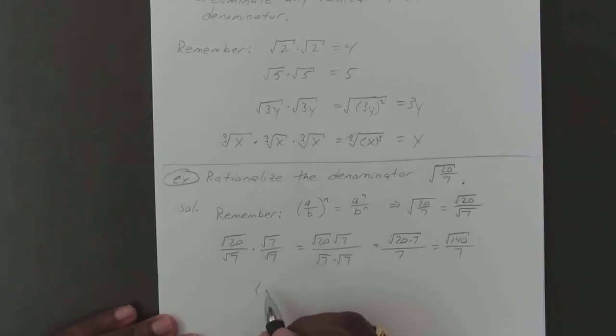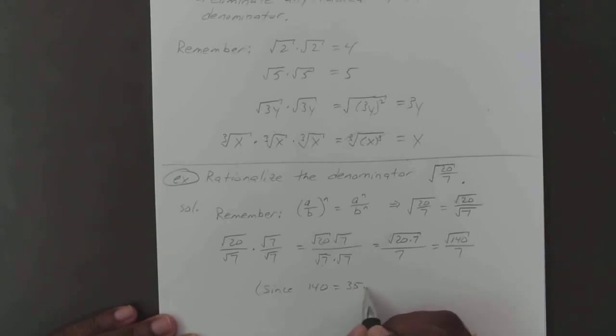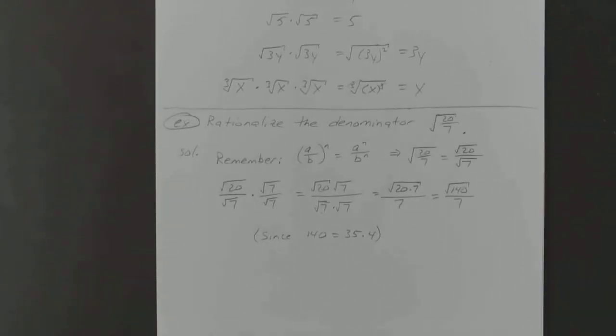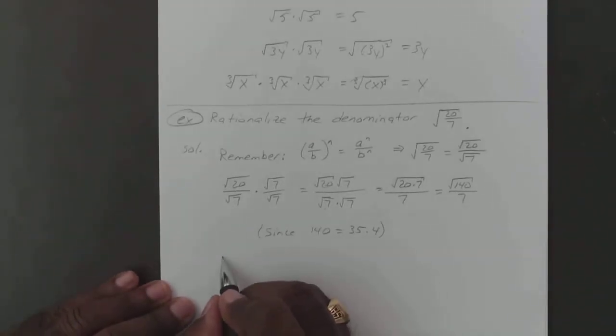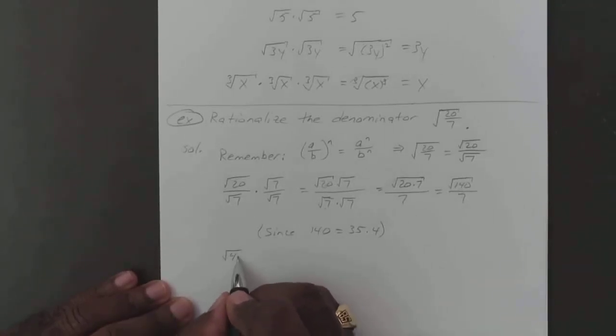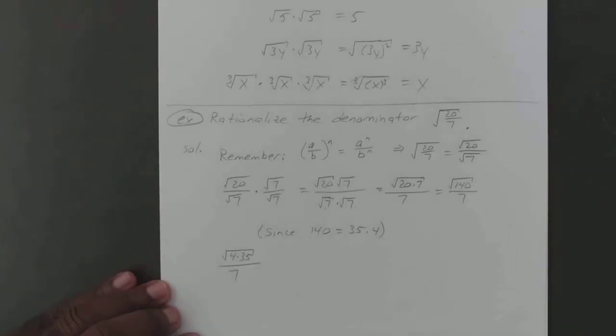Now we know that 140 is equal to 35 times 4. We can make that square root of 140 into square root of 4 times 35 over 7.